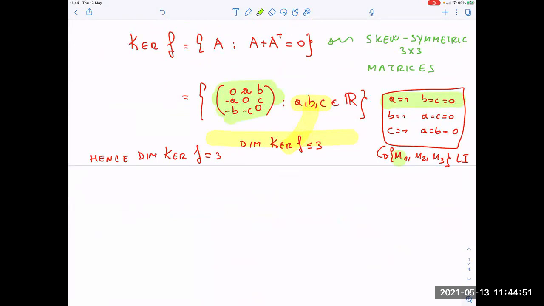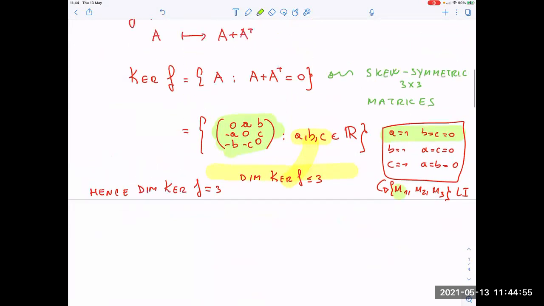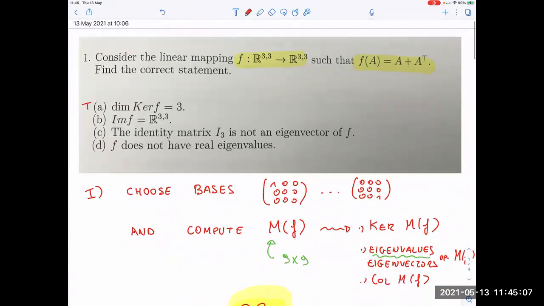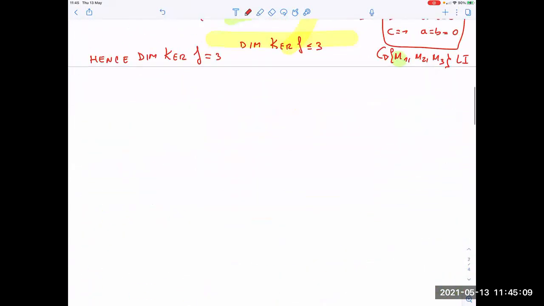Good. So Alireza says, why can B not be true? Well, it's not a matter of cannot be true, Alireza. It is a matter of not being true because the map is explicitly given. So either it is true or it is false. For example, to decide about B, B is true if and only if the dimension of the image is the dimension of R^{3x3}.